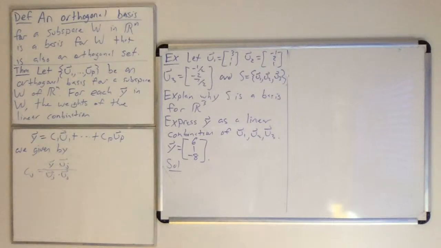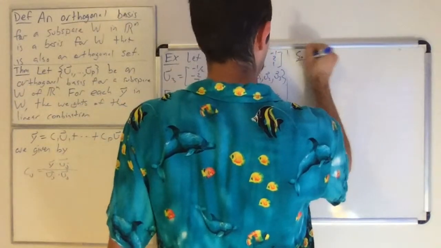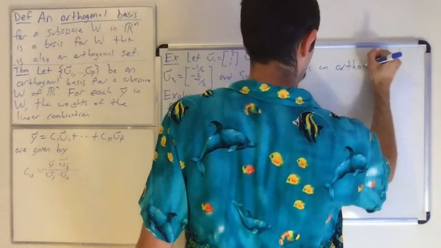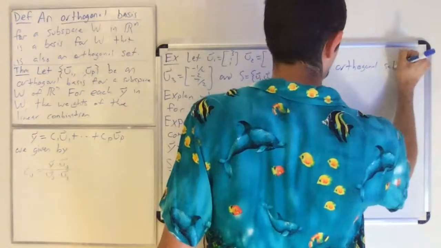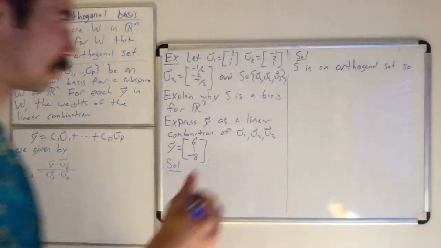We need it to be linearly independent. Oh, good. Yeah, we need it to be linearly independent, and we need it to span R3. Taylor says it is linearly independent because the set is orthogonal. Yes, right. We showed this is an orthogonal set. So S is an orthogonal set, so it is linearly independent.